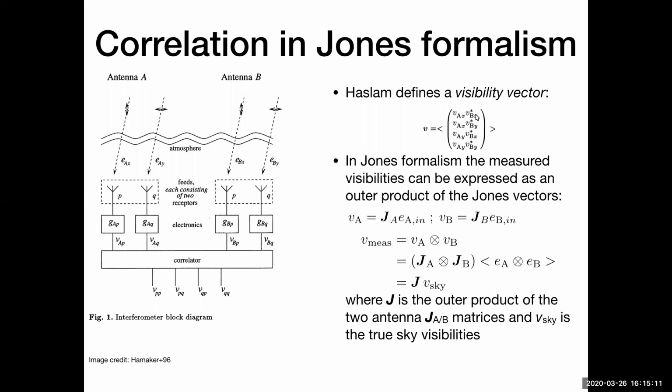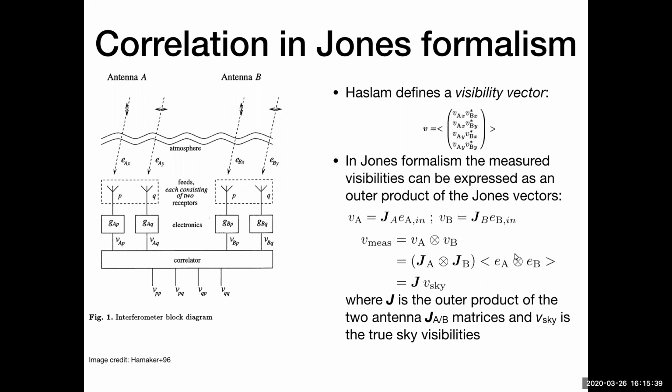In the mathematical formalism, the process of measuring a visibility ends up being this outer product of the signals from the two telescopes. And the signals from the two telescopes are modified by these Jones matrices. So you end up with this outer product of Jones matrices and then the actual correlation of the sky signal.